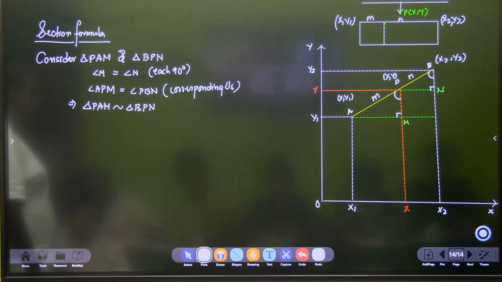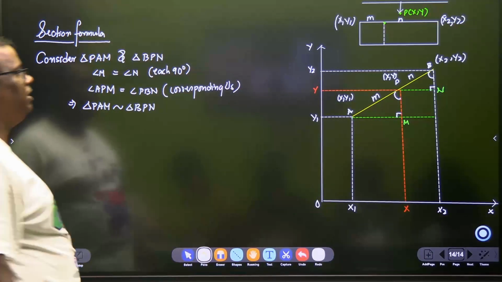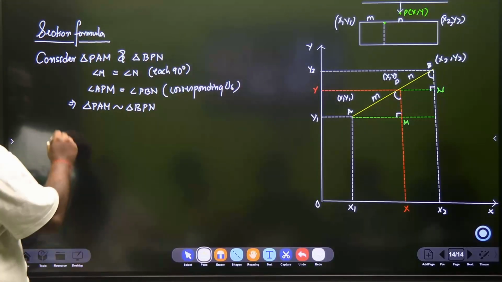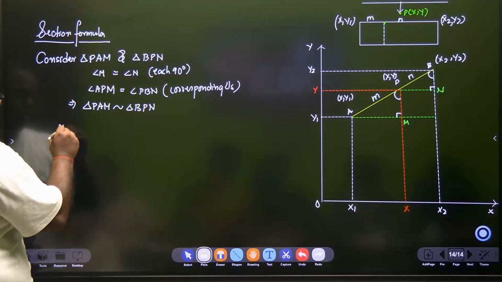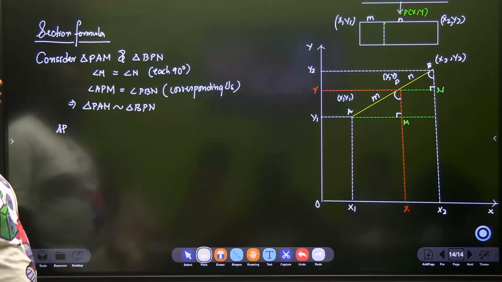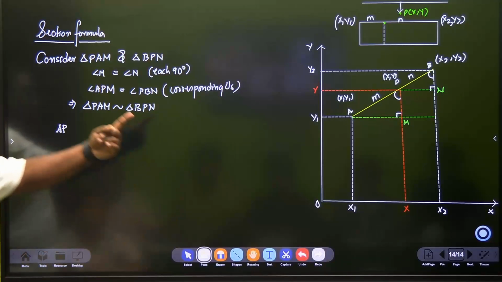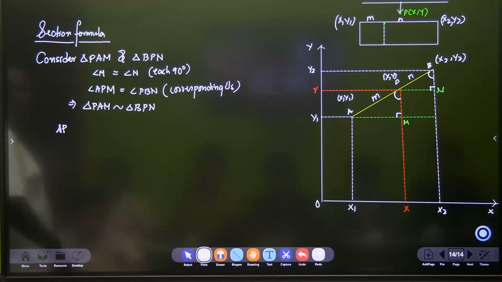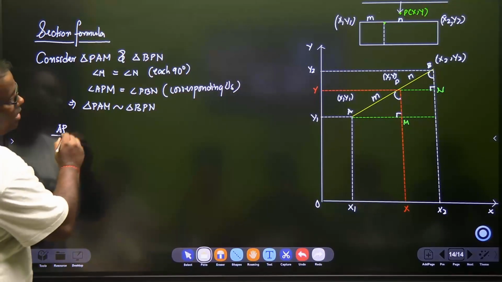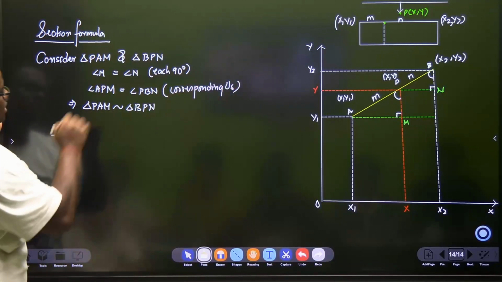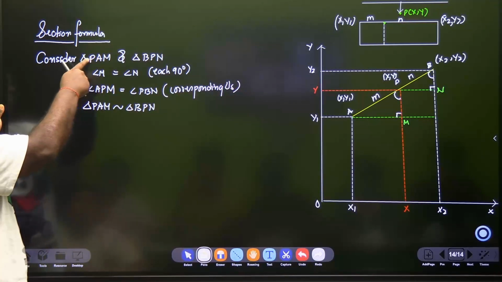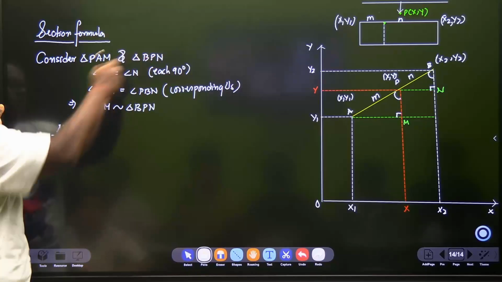Okay? Achha. If that be the case, look here. I am taking a ratio AP, look at the board now. AP means I am considering hypotenuse, AP by PB, then again hypotenuse on that.